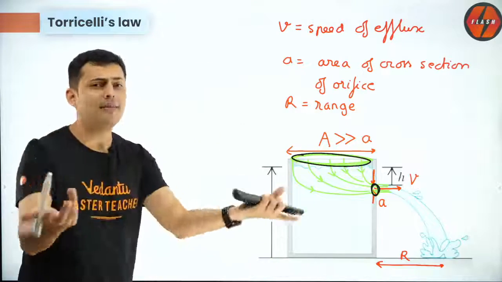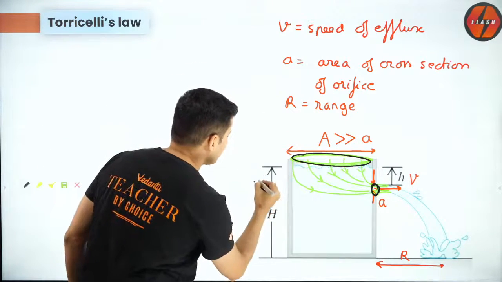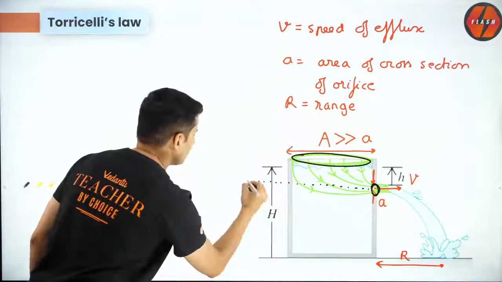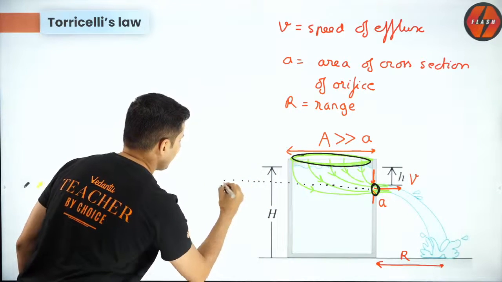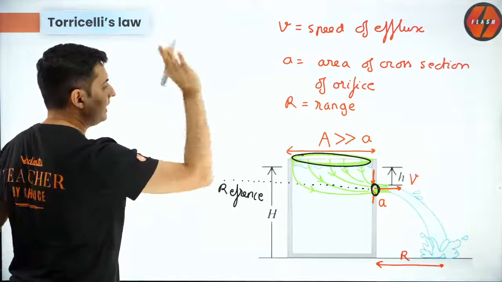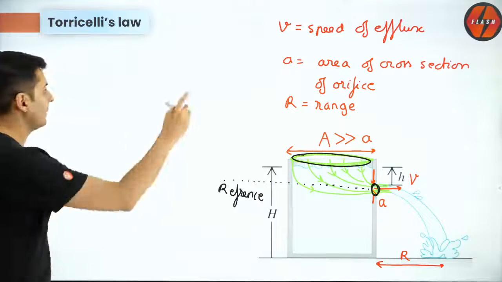Now choose your reference. I will choose this point itself as my reference. So I'm choosing this line as my reference. And now let's write down Bernoulli's equation.